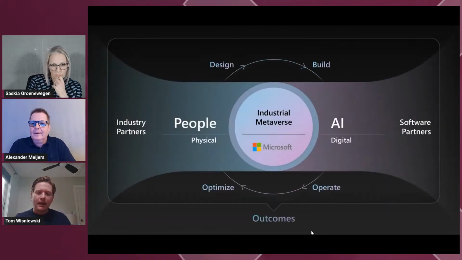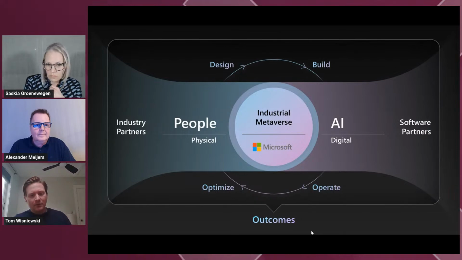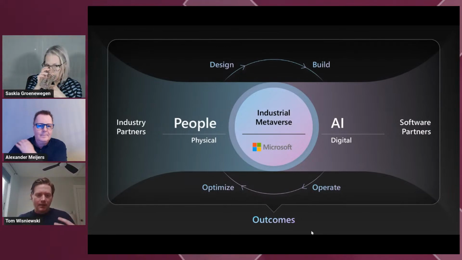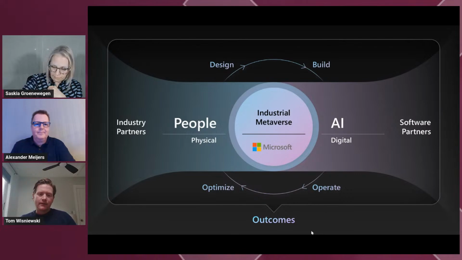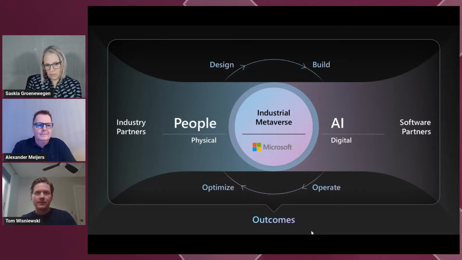And so let's go back and ground everyone again in how we see the industrial metaverse. It will always come back to, as a lot of Microsoft principles do, a focus on people, but it's about people and AI working together, bringing the physical and the digital together in this organizational loop of design, build, operate, and optimize.